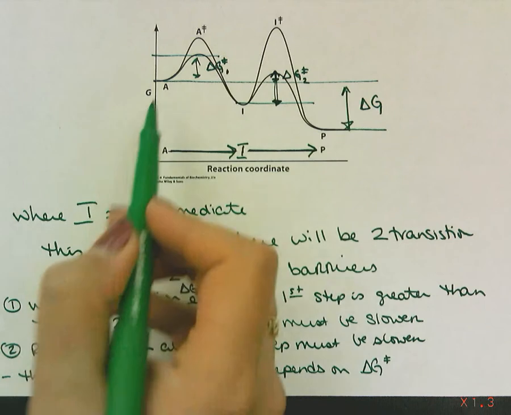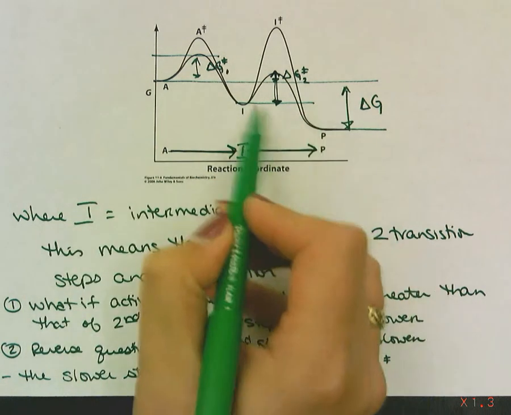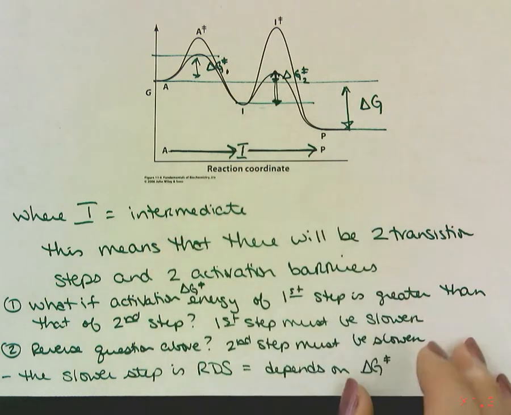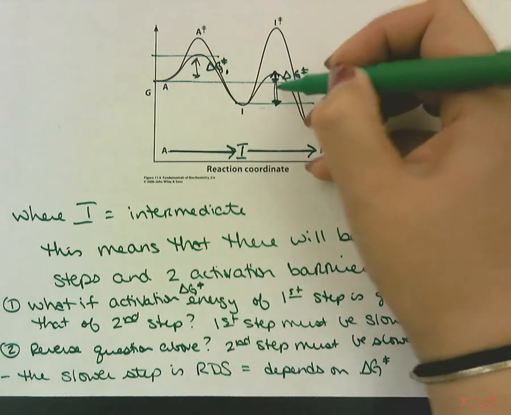All right, so I'm at A, how high the activation barrier is compared to where I start. And the second one for I, how high this one is compared to where it starts. Now, eyeballing, which one of those delta G double daggers seems larger? I think the second one's slightly bigger.